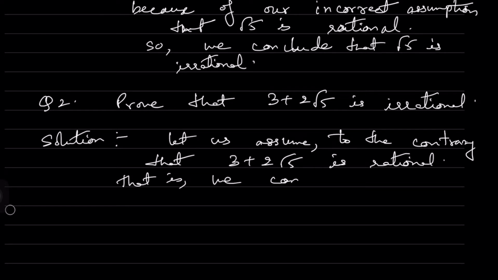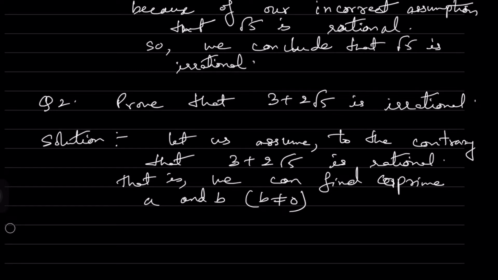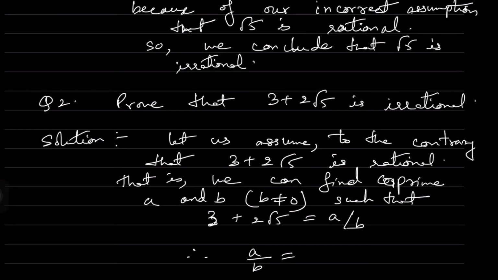That is, we can find coprime integers a and b such that b is not equal to 0, such that 3 plus 2 root 5 is equal to a by b, where a and b are coprime.